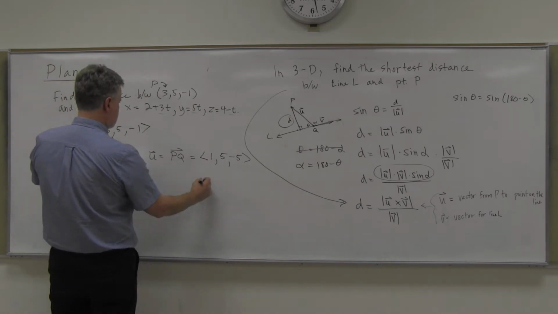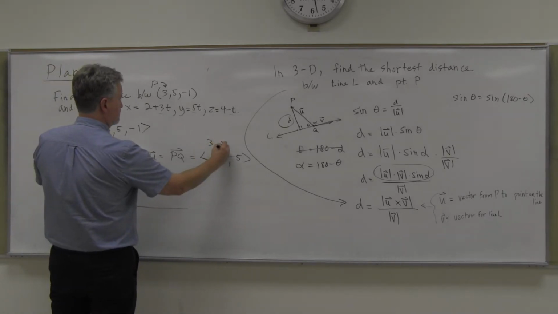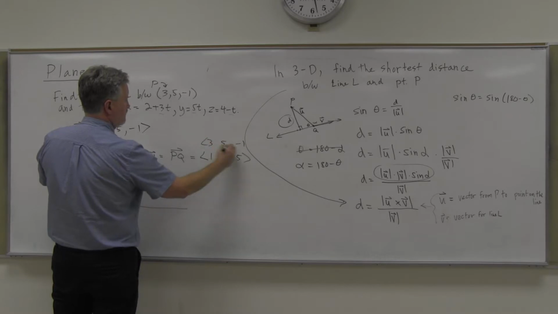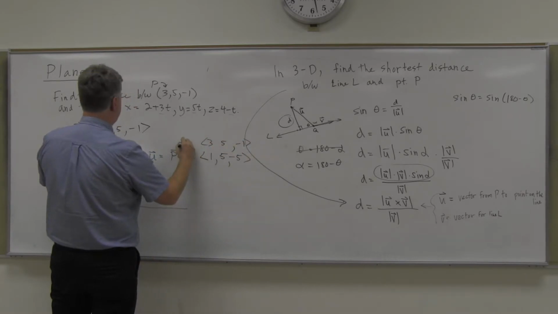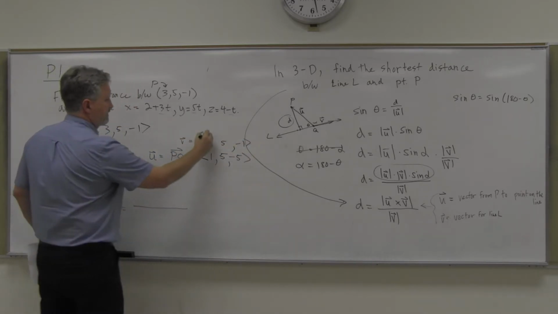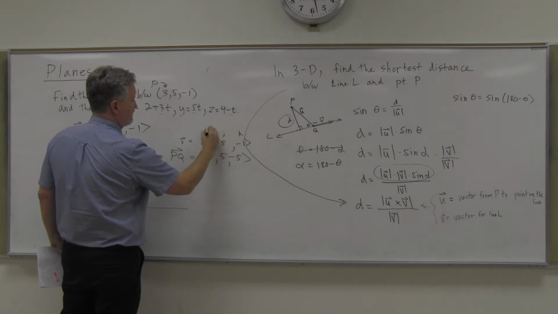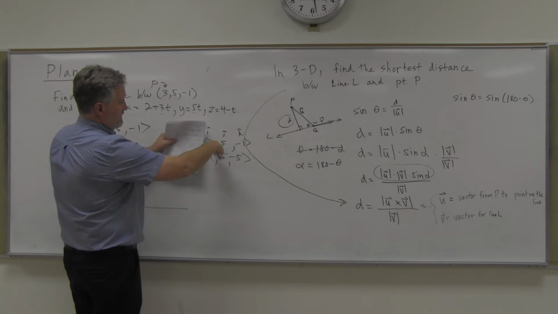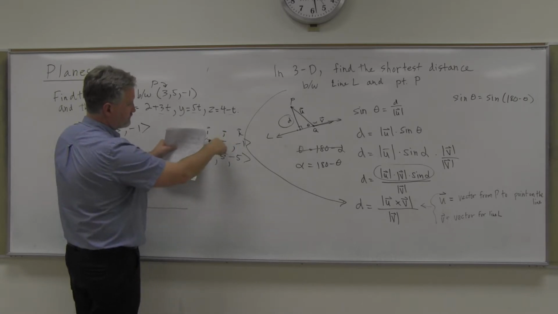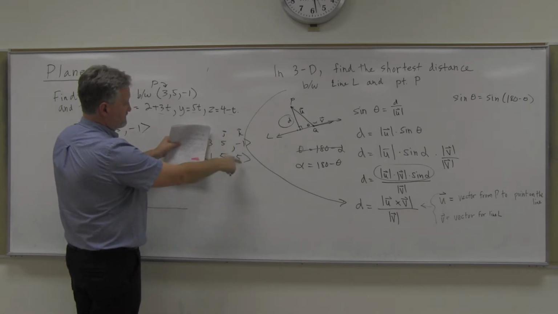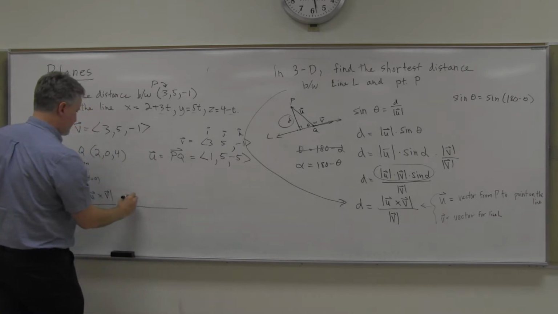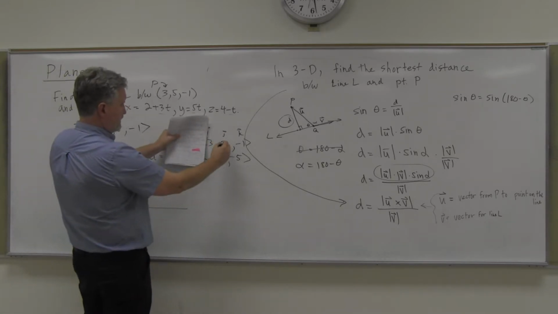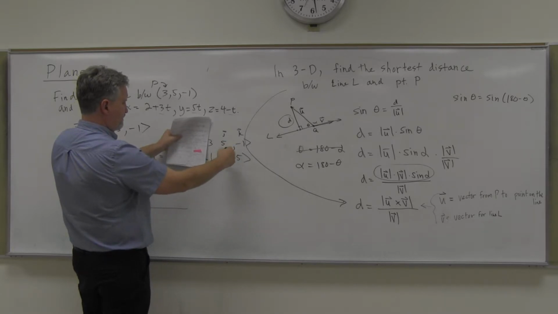Well, set them up: it's i, j, k. The i is the determinant here, so what have I got? Negative 25 plus 5.